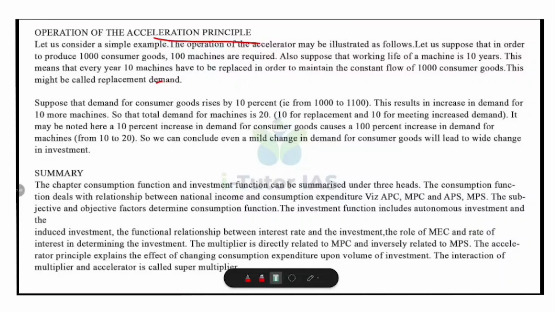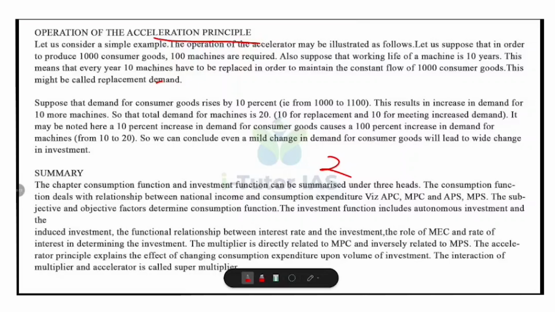Let's say people increase their spending on consumer goods by rupees 50 crore. As a result, industries decide to invest rupees 100 crore more in machinery and equipment to meet the future demand. That is delta I by delta C here is equal to 2. That means for every rupee 1 increase in consumption, investment rises by rupees 2, and this shows that investment accelerates faster than consumption.